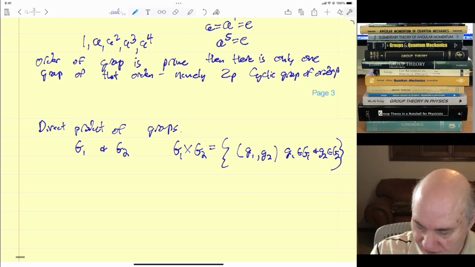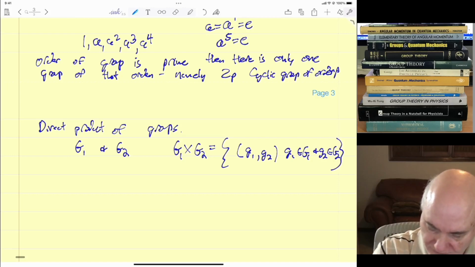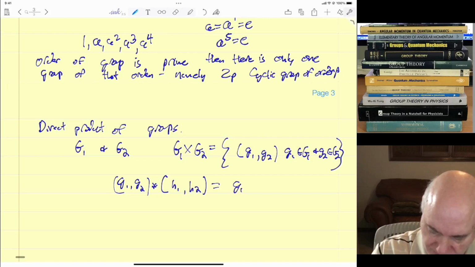And how do we define multiplication in this group? Well, (g1, g2) times (h1, h2) is just the very natural multiplication that you would expect. I'll even put the star there. (g1, g2) * (h1, h2) is equal to (g1 h1, g2 h2).